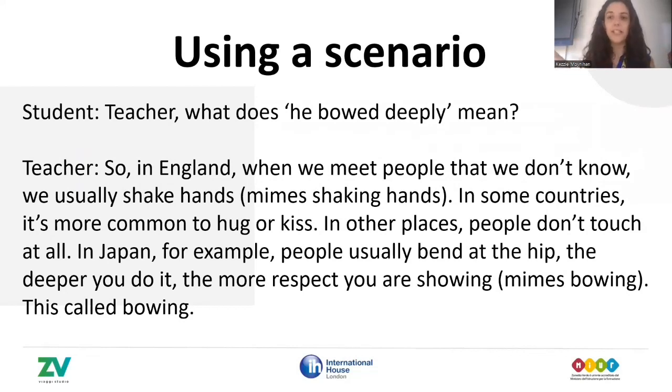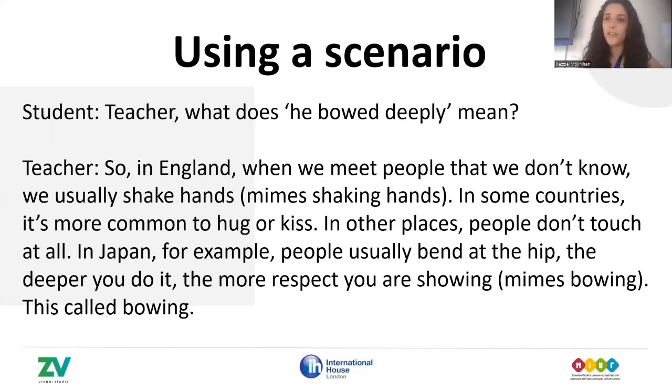In some countries, it's more common to hug or kiss. In other places, people don't touch at all. In Japan, for example, people usually bend at the hip. The deeper you do it, the more respect you are showing." And then you can mime bowing. This is called bowing.